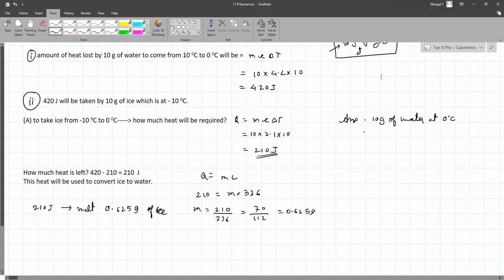You have now over here 10 minus 0.625 equal to 9.375 grams of ice at 0 degrees Celsius and 0.625 gram of water at 0 degrees Celsius, because that much of ice got melted. Okay, do you follow this?